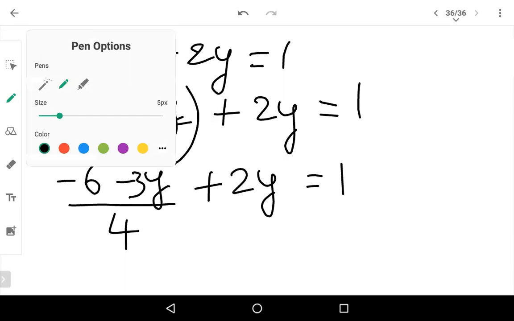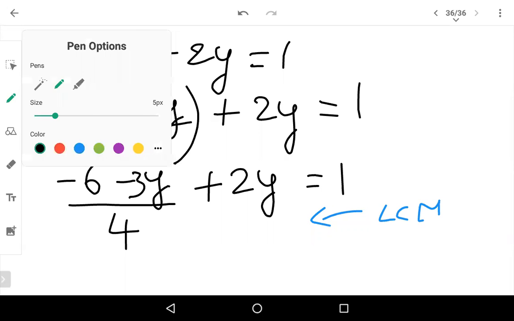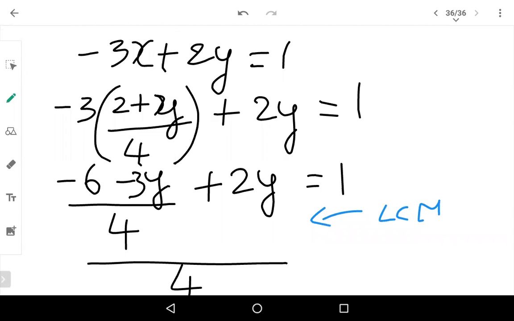Now I am supposed to take the LCM. When I take the LCM, in the next step it is going to become whole divided by 4. And then you have to do the cross multiplication. If you don't have any denominator, you take it as divided by 1. Very good, Lakshmi.